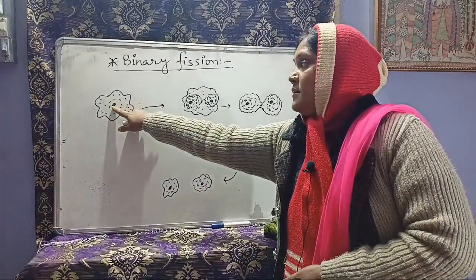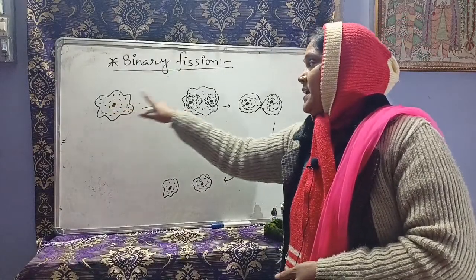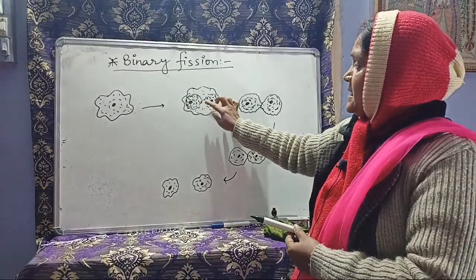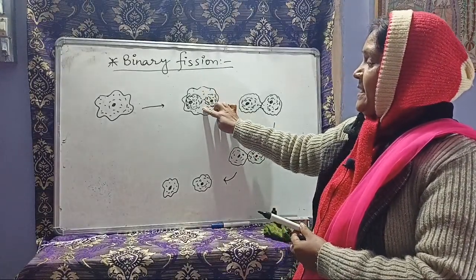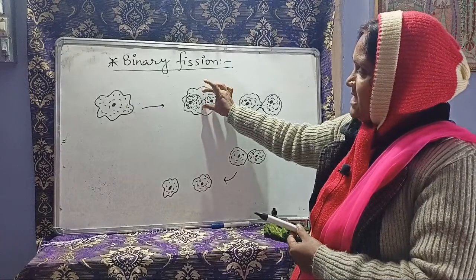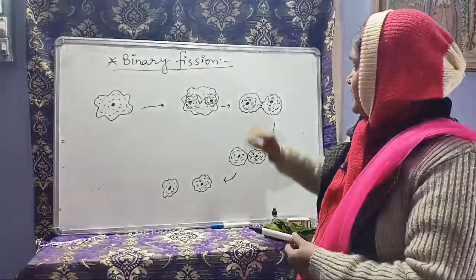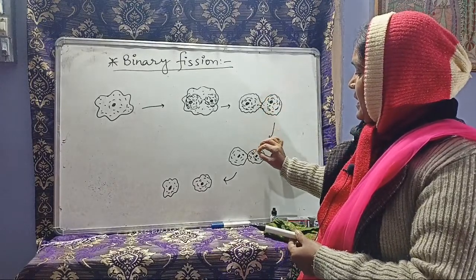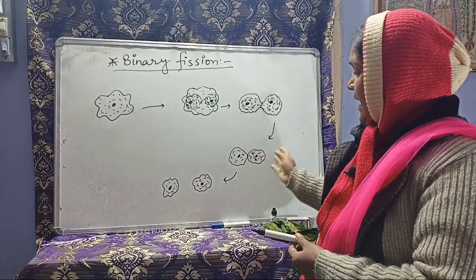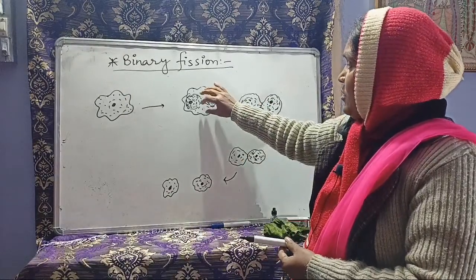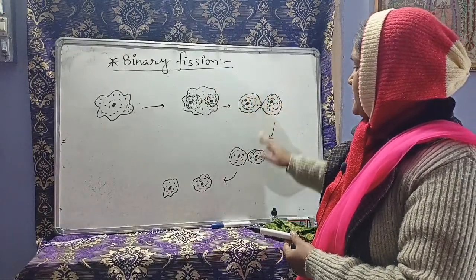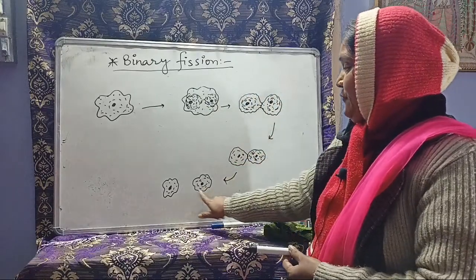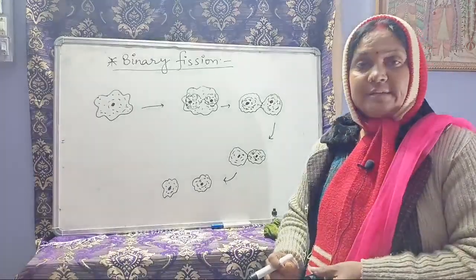First of all, nuclear division takes place, and after that, cytoplasmic division takes place due to invagination of the cell membrane. The cell membrane invaginates so that the protoplasmic mass is also divided, and finally two daughters are obtained.